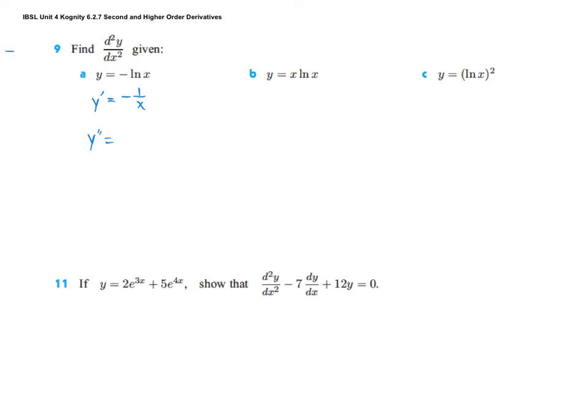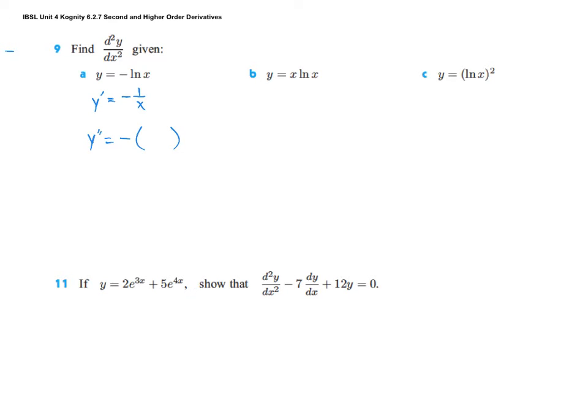Would that be like -1? Well, I've got the negative here. What's the derivative of 1 over x? It's the derivative of 1 times x minus the derivative of x times. Oh, you're doing quotient rule. Yeah. There's the easier way here. This is x to the negative 1 power, right?